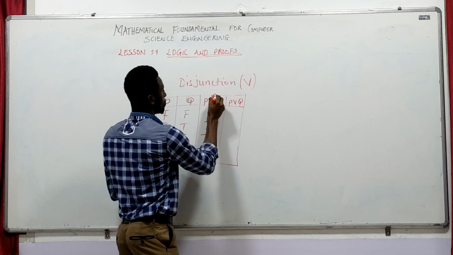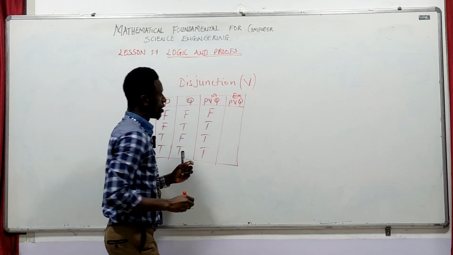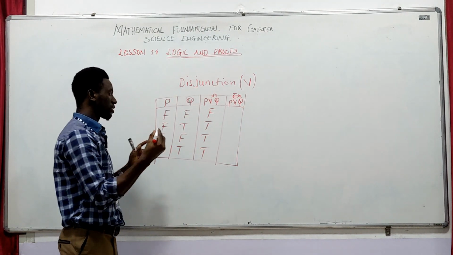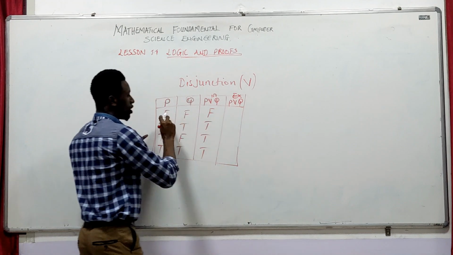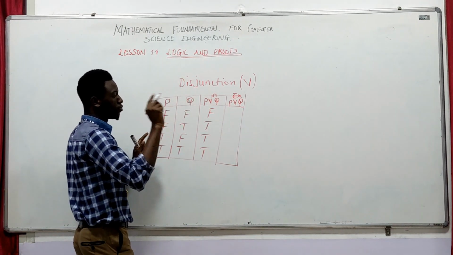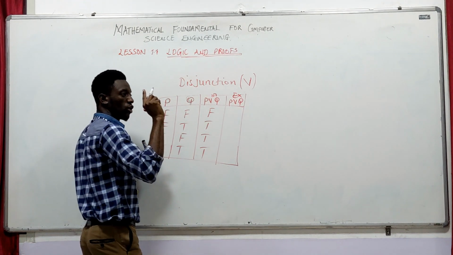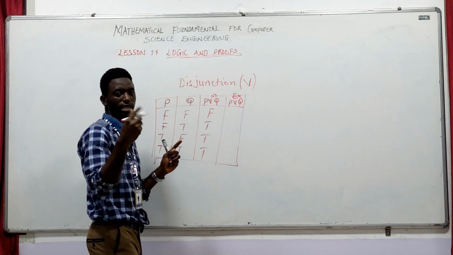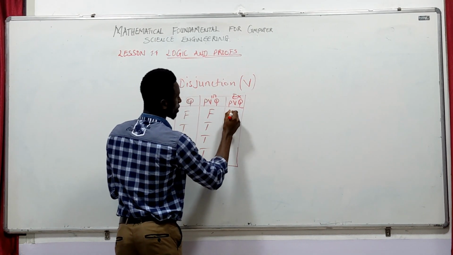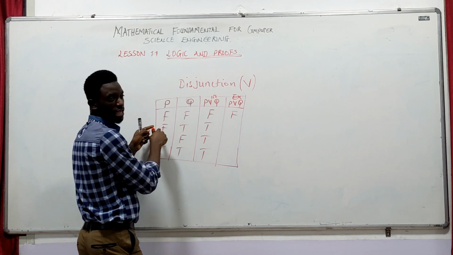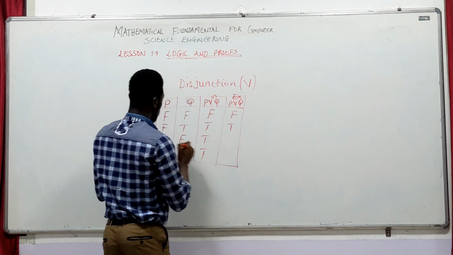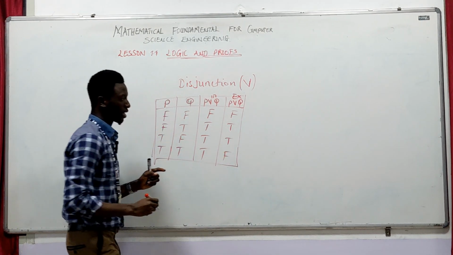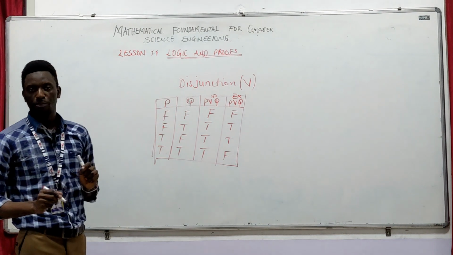But for exclusive OR, if both statements are true or false, then it's false. Because this one is supposed to be only one, not both. For the statement to be true, you just need only one. So here is false. Here, since one of the statements is true, then it's true. This one again is true, and this is false. Okay? So now, let's see an example of this one again.